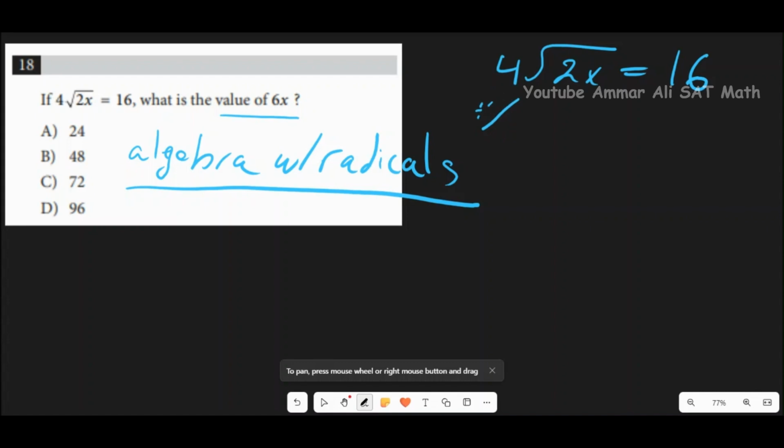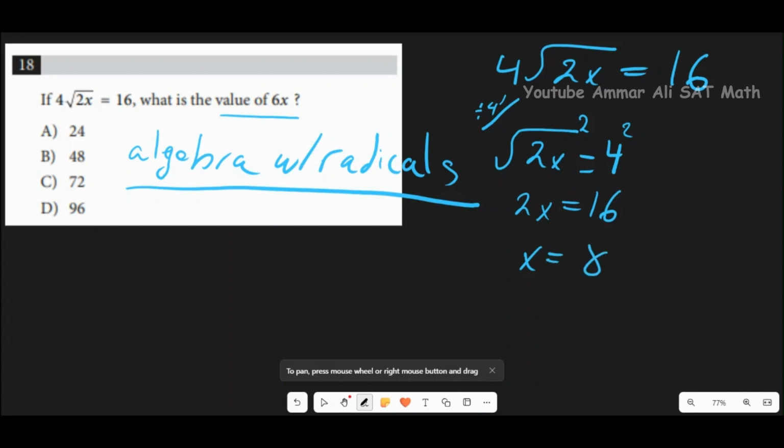Whatever we do on one side, we do on the other. So 4 divided by 4 cancels out, leaving the square root of 2x, and 16 divided by 4 is equal to 4. Then we square both sides, so we get 2x is equal to 16.